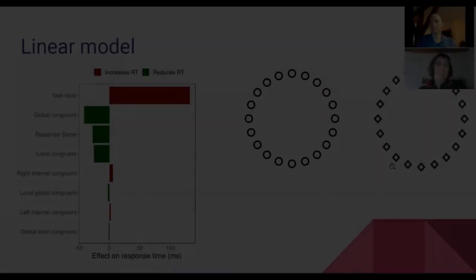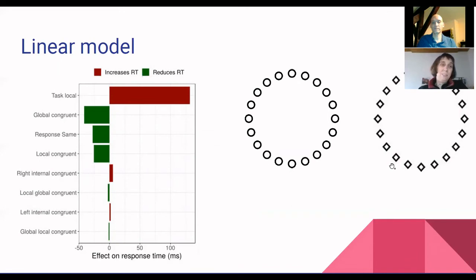Okay, to get a better grasp of what the different components are in this overall reaction time, we therefore fitted a linear model so that we could insert different aspects such as task, type of response, and different types of congruency.